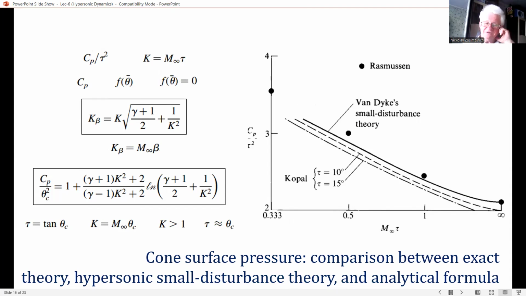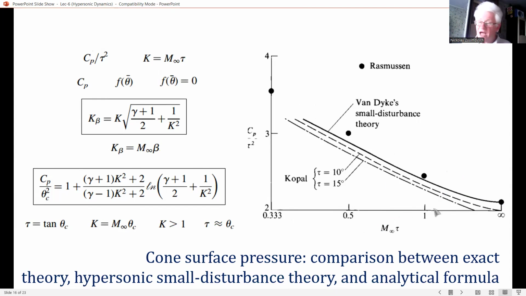And this function is given by the numerical solution result, where we're plotting Cp over tau squared versus k, where k equals M infinity times tau. So the upper line is the present numerical solution.